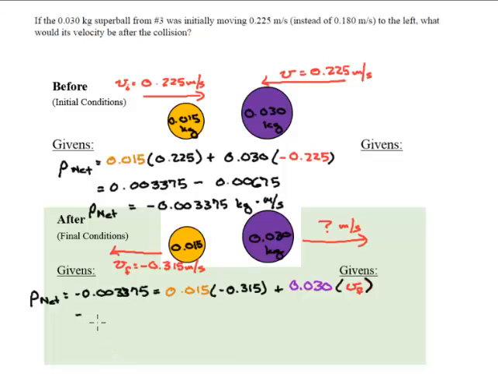And so I get negative 0.003375 equals negative 0.00475 plus 0.030 velocity final.